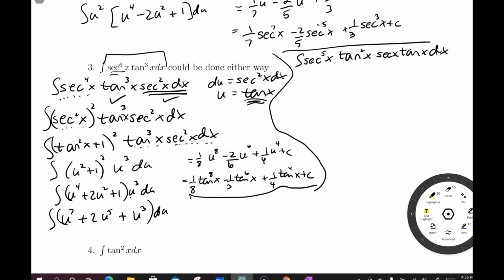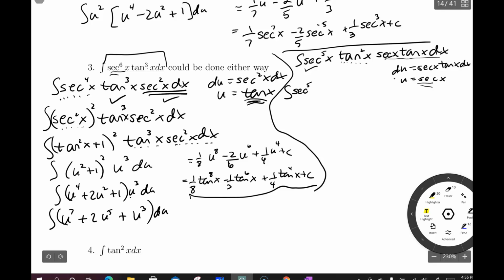So secant to the sixth turned to secant to the fifth times secant, tangent cubed, tangent squared times tangent. So I'm letting my du equal secant x tangent x. So my u is secant, because the derivative of secant is secant tangent. So to make this u substitution work, that would be taken care of. This is my du, so I just need to rewrite tangent squares in terms of secants.